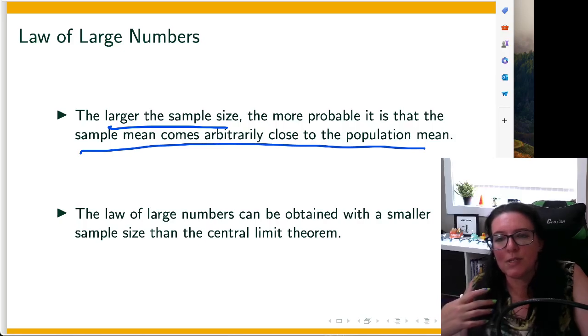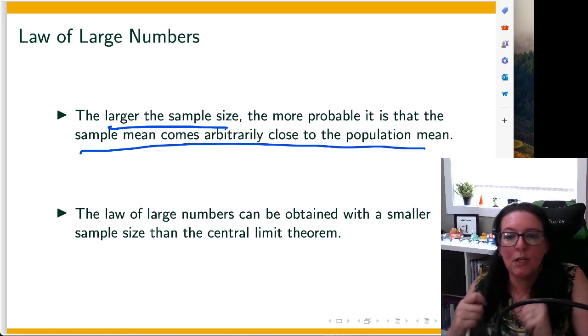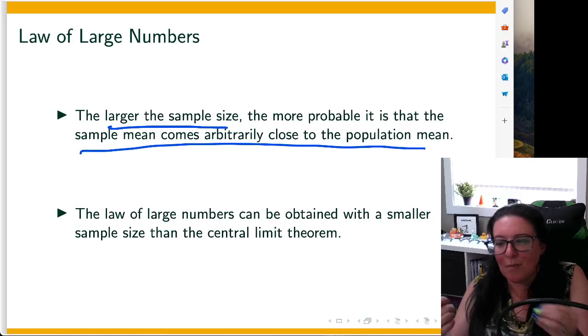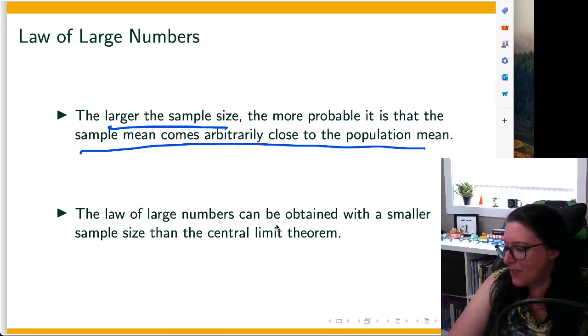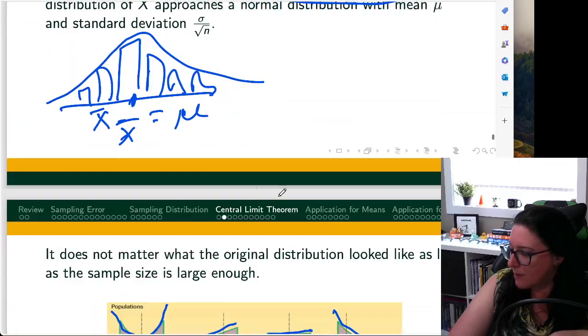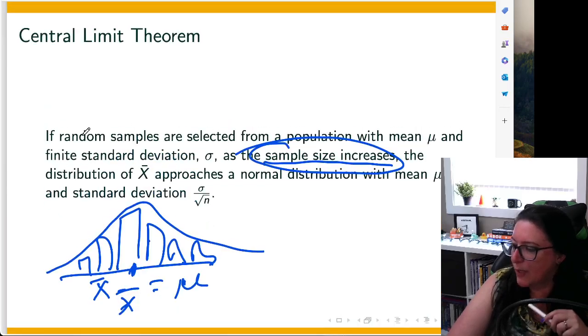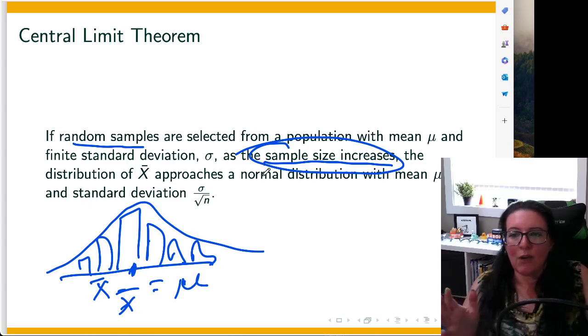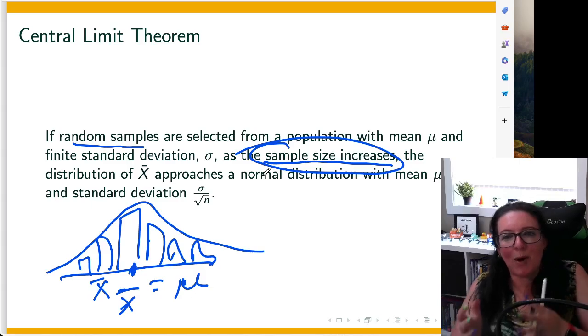So the law of large numbers says larger sample size gets us closer, and then we combine that with the central limit theorem, which also tells me that if they are truly random samples, so they are probability samples, then I'm going to get that normal distribution. So law of large numbers, a big sample will get me that population parameter.